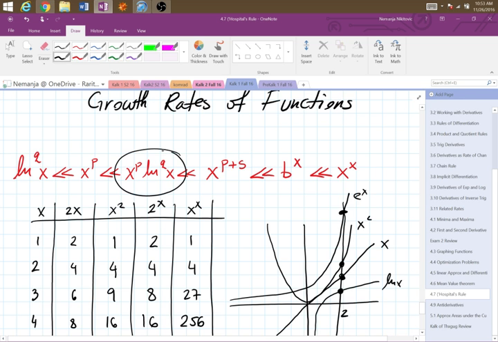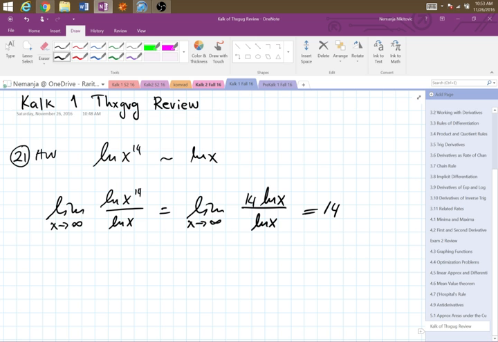It's not this one because it was 14 times ln x, not 14x or x times ln x. It was just 14 times ln x. That's a constant, not x to the p. So both of them are in this right here. So that's the first problem.